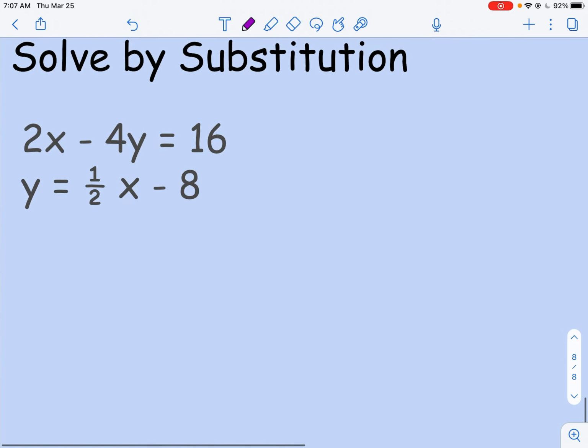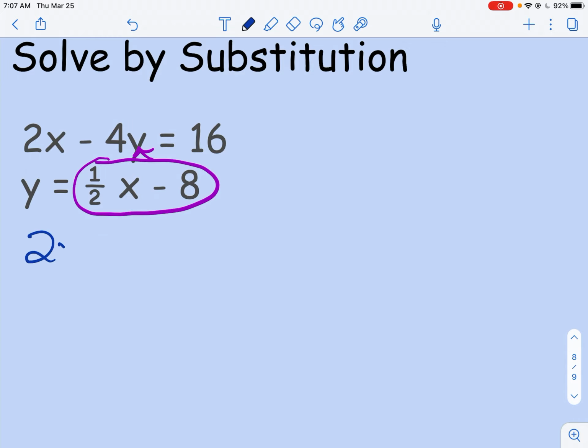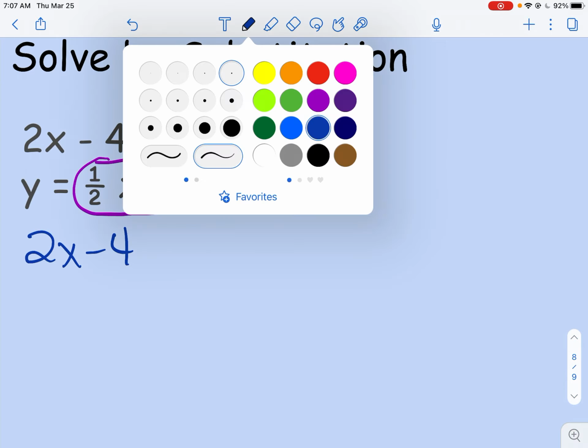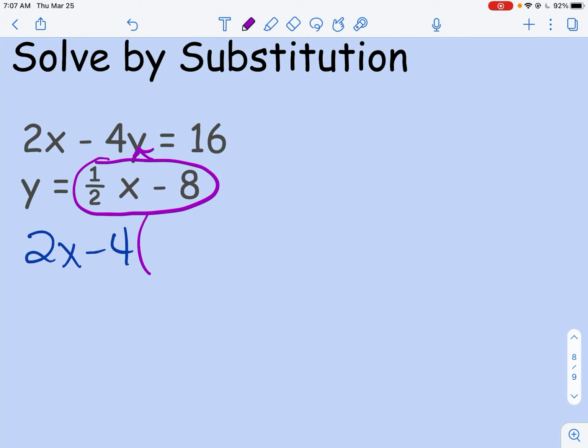Okay. Here we go. We're doing it one more time. You take this, you plug it in for the y. So 2x minus 4, and I'm going to replace the y with 1/2 x minus 8 equals 16.